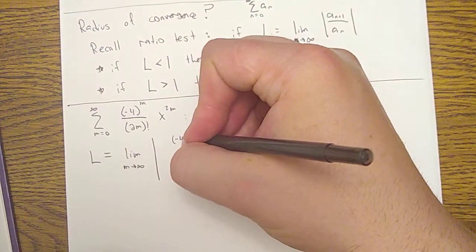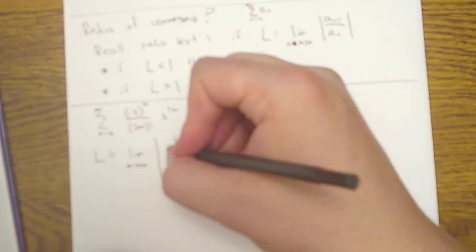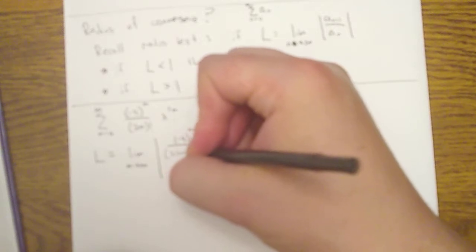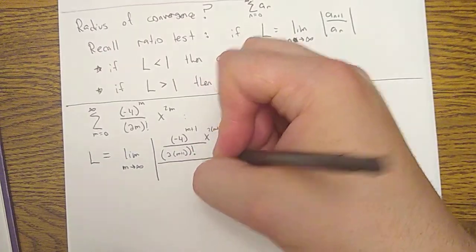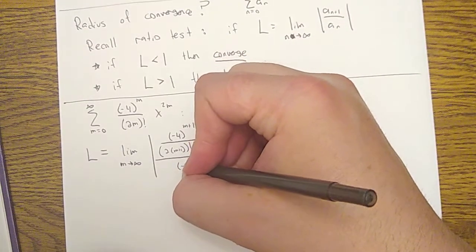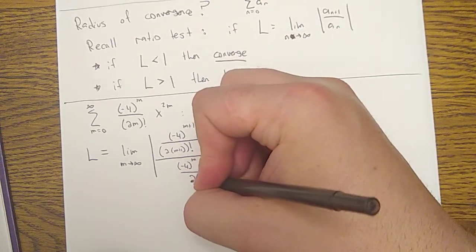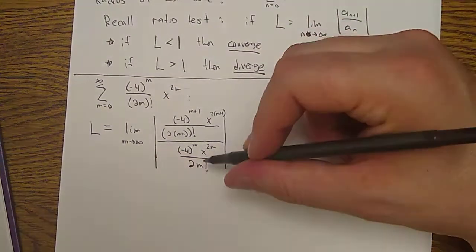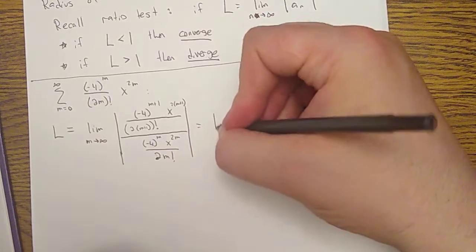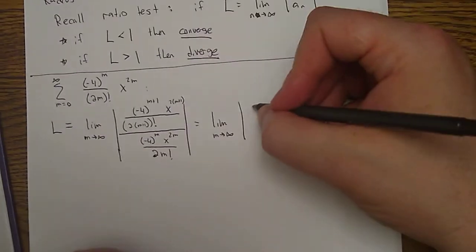So this would be negative 4 to the m plus 1 over 2 times m plus 1 factorial, x to the 2 times m plus 1, divided by negative 4 to the m x to the 2m over 2m factorial. So I get this mess. It's a fraction divided by another fraction. So I'm going to flip the bottom over.